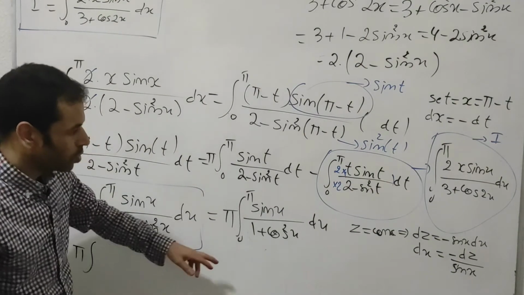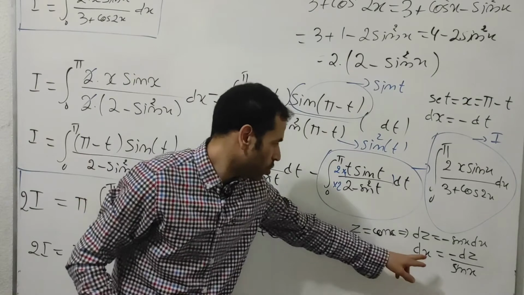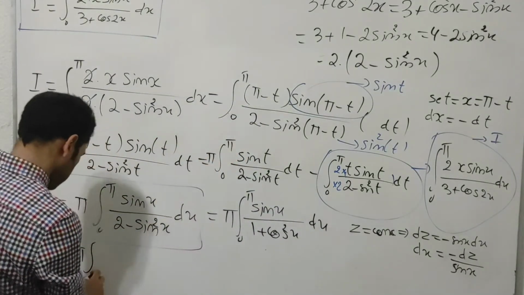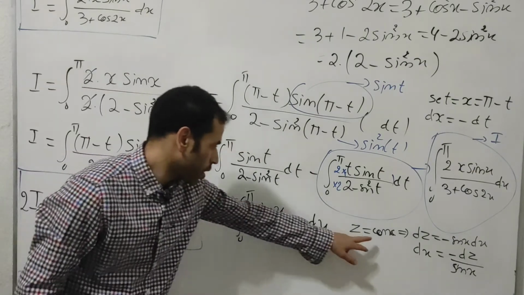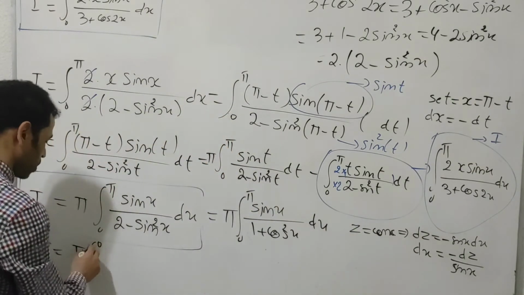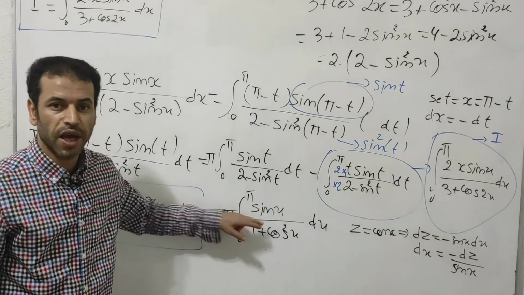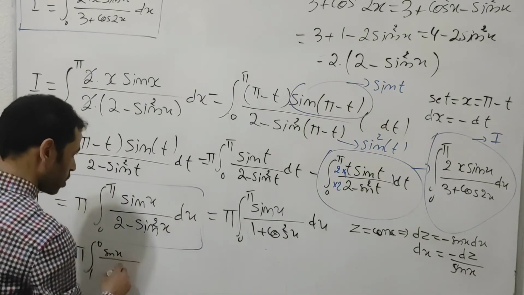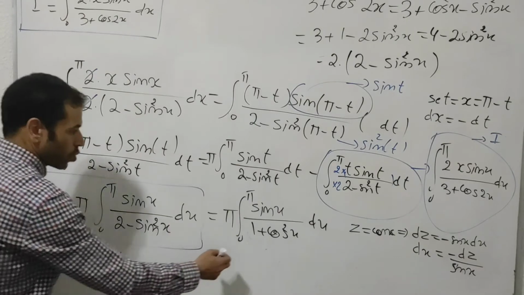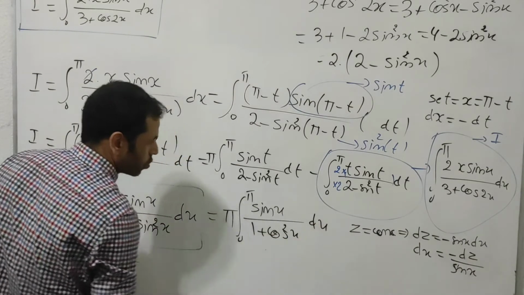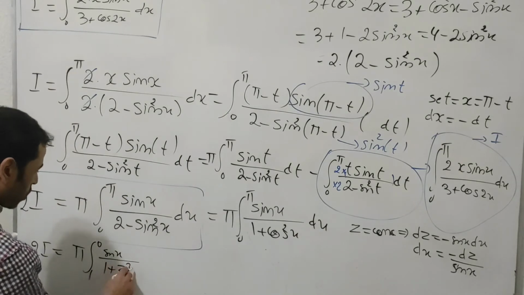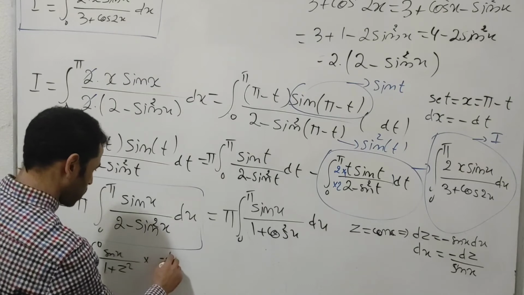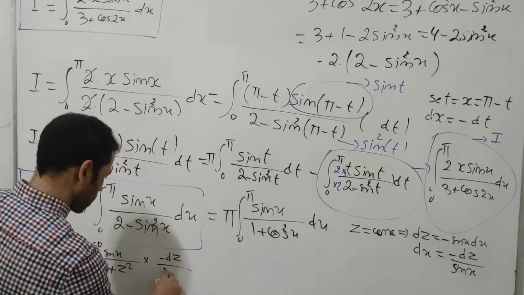I'm going to change the bounds. If you insert 0 into cosine, it is giving us 1. Cosine pi is giving us 0. The integral from 1 to 0. I'm going to leave sine x as it is. I will have sine x over 1 plus z square, since cosine x is replaced with z. dx will be replaced with minus dz divided by sine x.